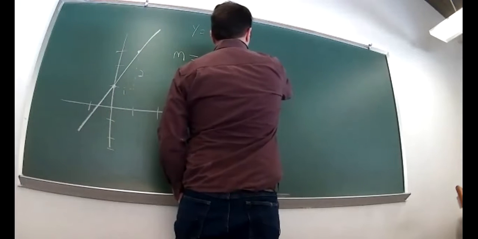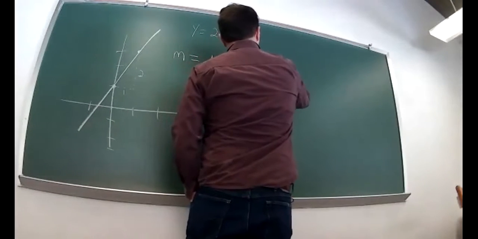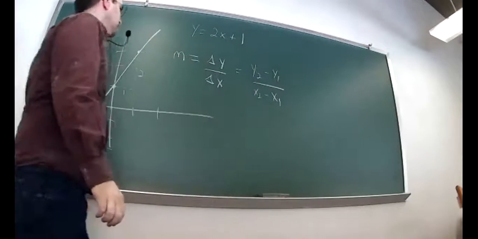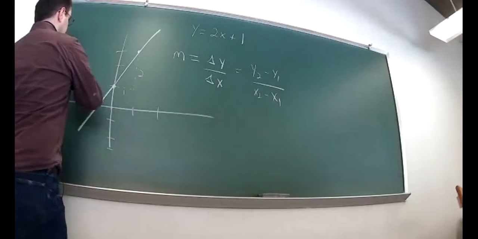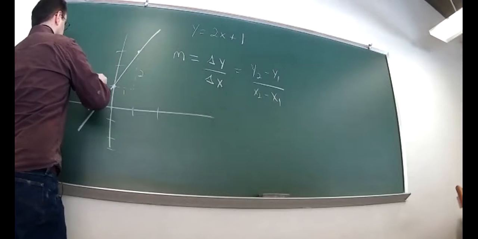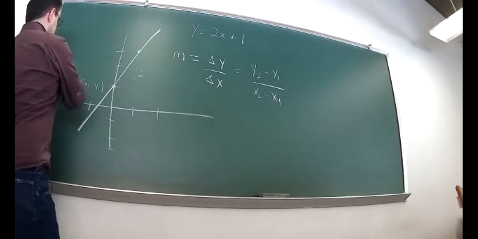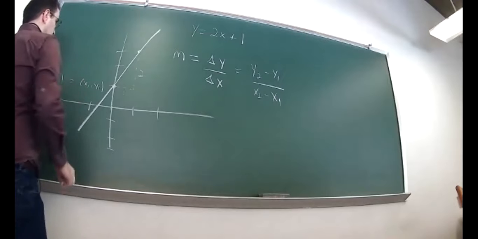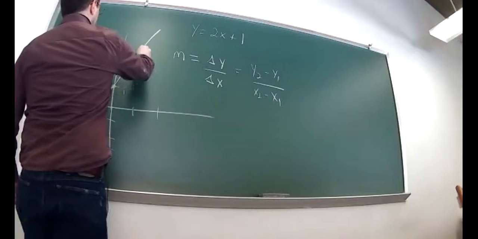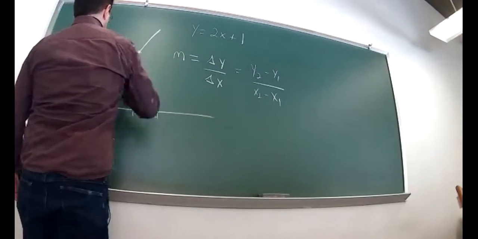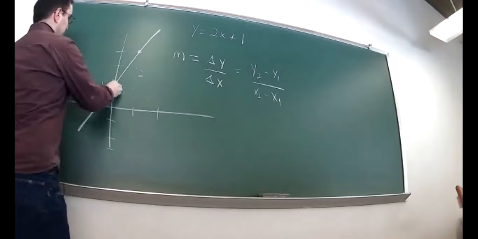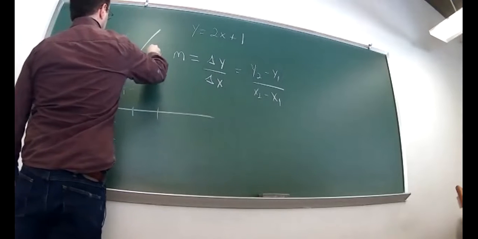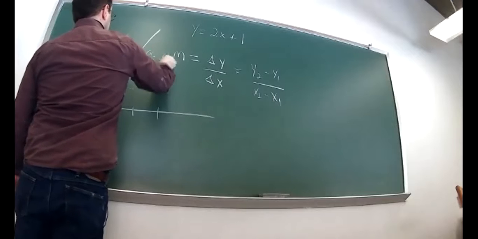It's like if you pick 2 points, like x1, y1, which in this case would be x equals 0, y equals 1, and you pick your second point. You can pick any 2 points that are not the same, but it happens to be (0, 1) and then (1, 3), but it can be any 2 points on the line.